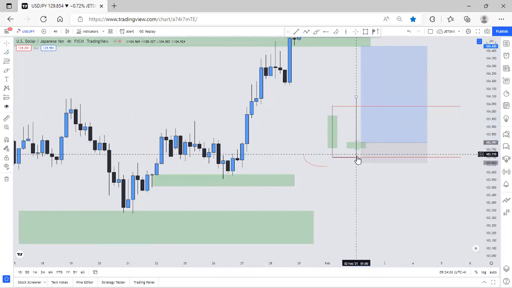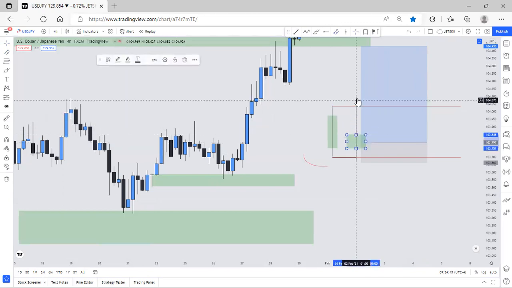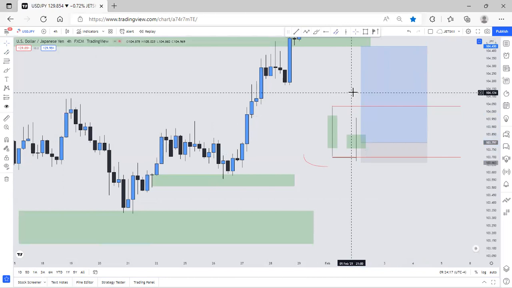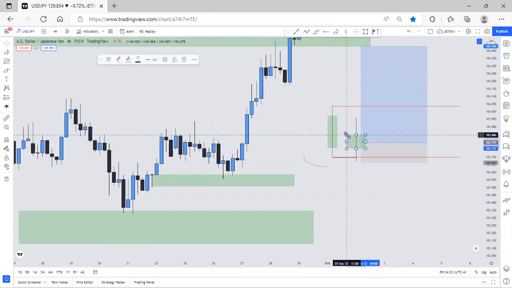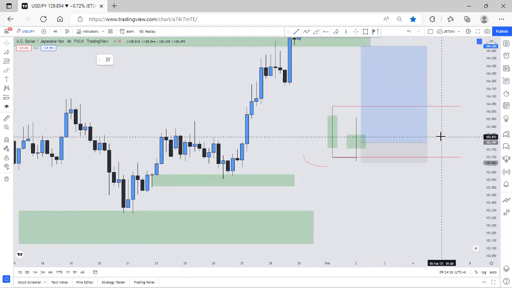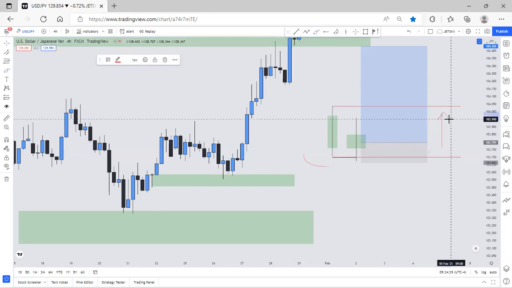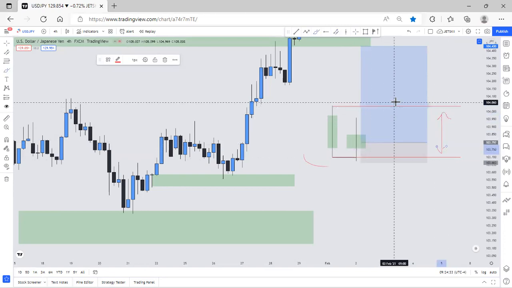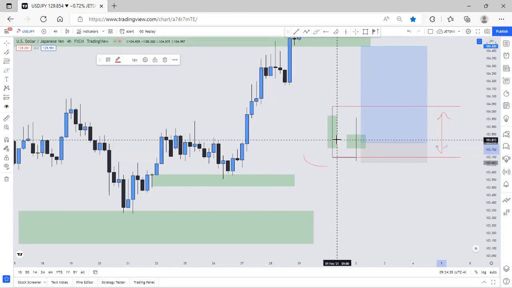And then you want to see the market trading like this. And when it closes, it can close anywhere, right? Even if this wick was here, still okay, as long as the body is still within that range, right? So as long as the body is still within that range, you can be a buyer there. You understand? So that's what you want to be looking for, right?